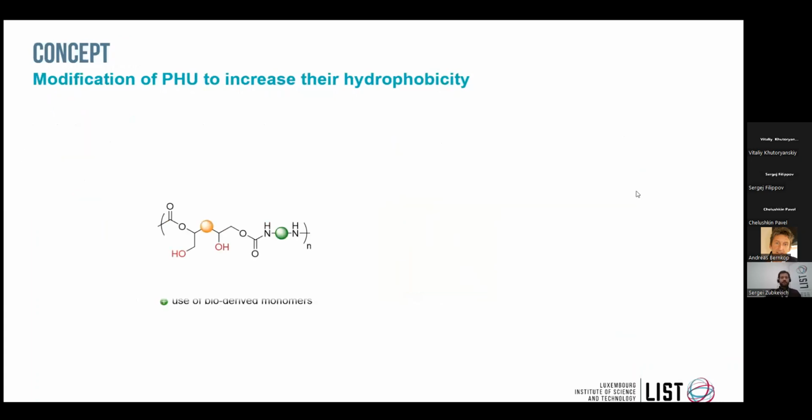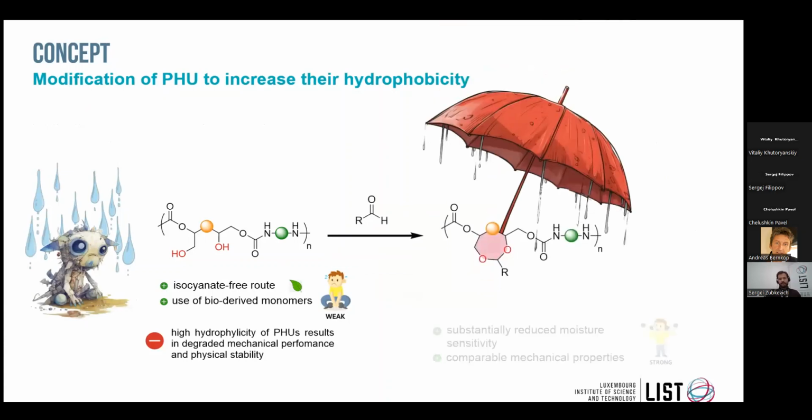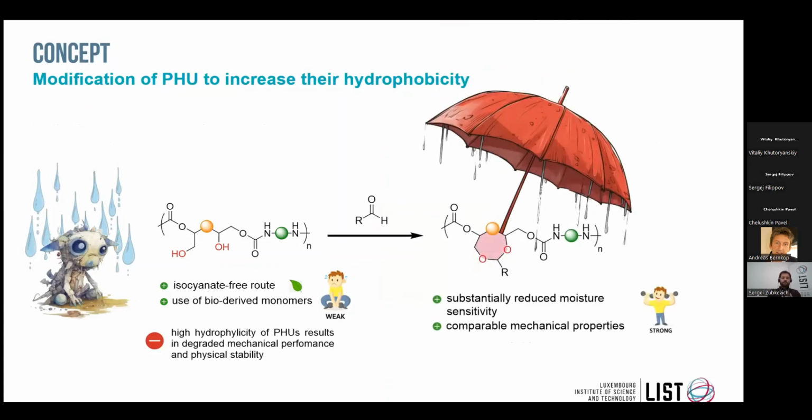In the project that I'm currently working on, we were aiming to solve at least some of these problems. So as I already indicated, polyhydroxyurethanes don't involve the use of toxic isocyanates and can have biomonomers, but are quite hydrophilic. That results in weak mechanical properties and poor processability. And we were introducing a quite simple approach: to use aldehydes to form cyclic acetals with these OH groups in the polymer backbone.